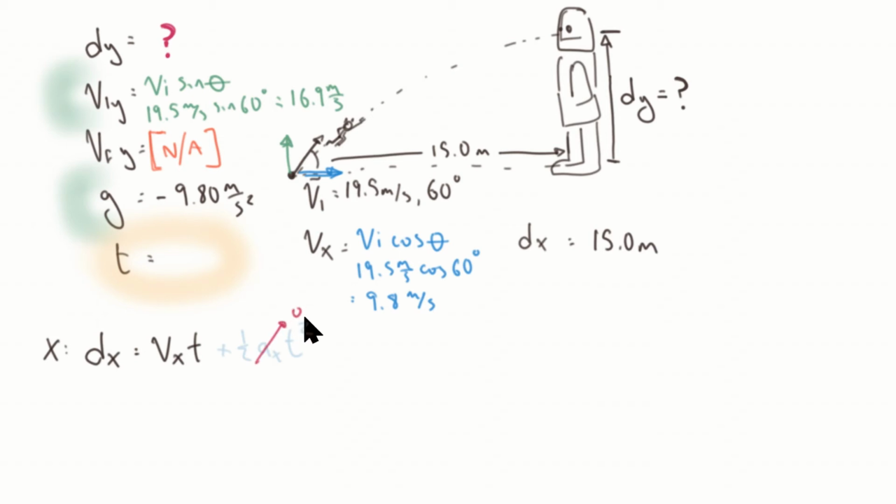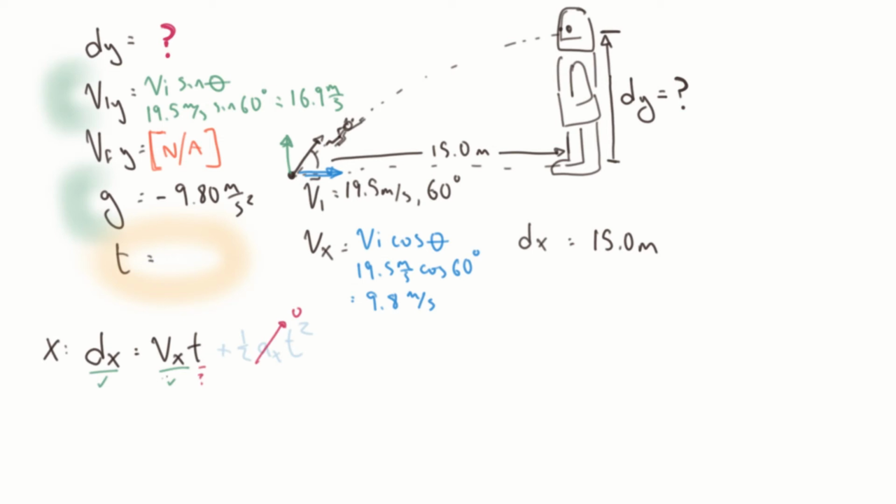We're left with dx equals vxt, and we know vx and we know dx, so we know two of the three pieces of information. So we're good here, and we can solve for the time.